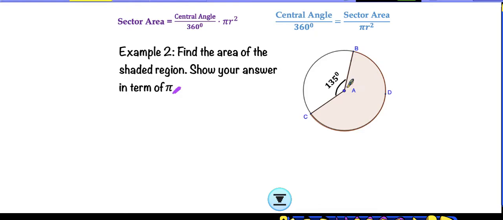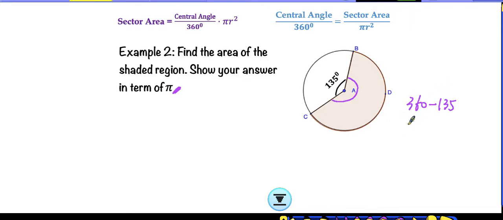We do have a central angle, but the shaded area is downwards here. So instead, we need to find the central angle for the shaded part, right? Some students wonder how, and some students probably already figured out the answer. Since the whole circle is, yes, you're right, 360, in order to find the downward piece, we just need to take away 135 from there.